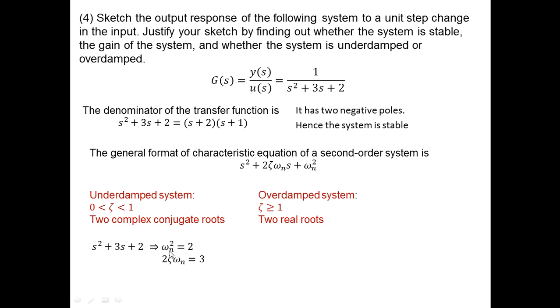So first I calculate omega n, which is equal to root 2, and then zeta, or the damping ratio, will be 3 over 2 omega n, equal to 3 over 2 root 2, which is bigger than 1. So it means that the system is overdamped.